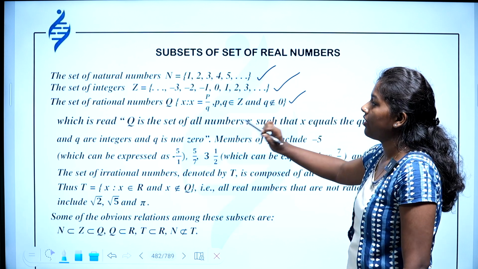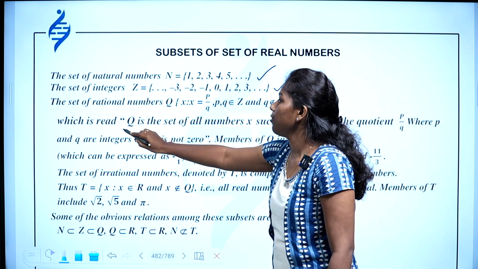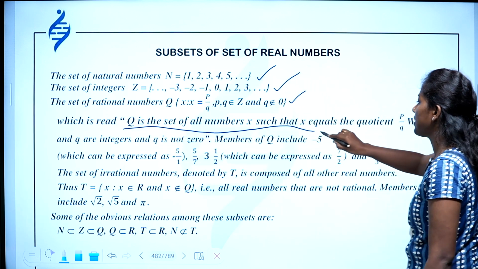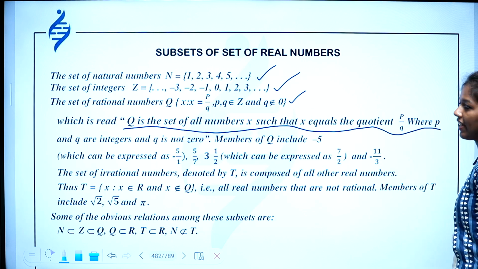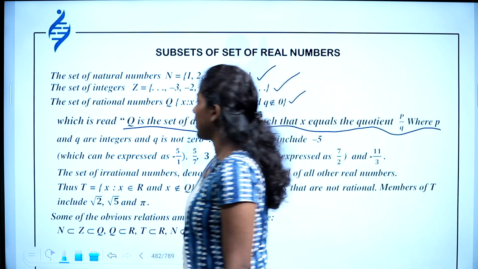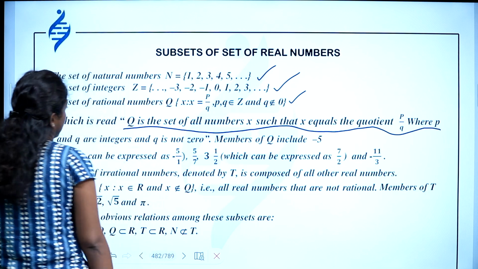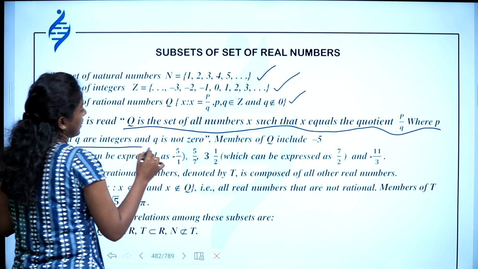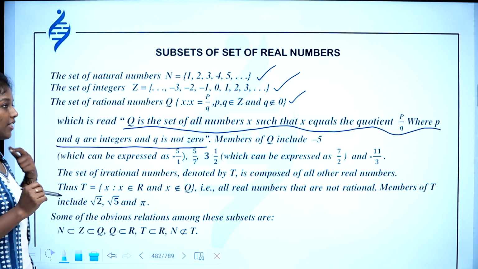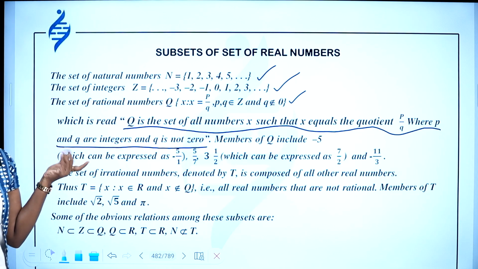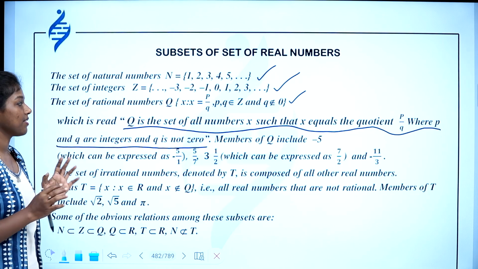We can read it like this: Q is the set of all numbers x such that x equals p by q, where p and q are integers and q is not 0. This is the definition of rational numbers.